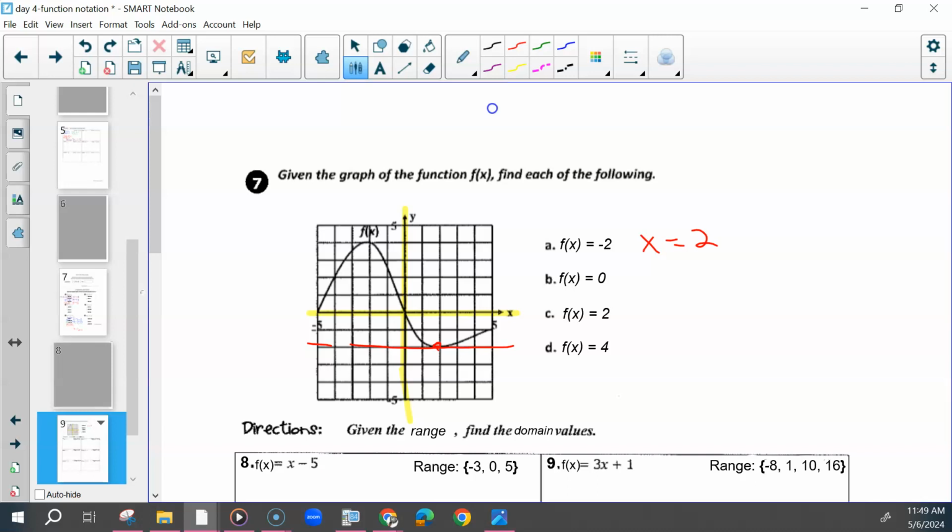Wait, -2. You're looking at the y value, and it is negative. I thought the y value had to be crossed into the y. It's a y-intercept. No, it's for y-intercepts.